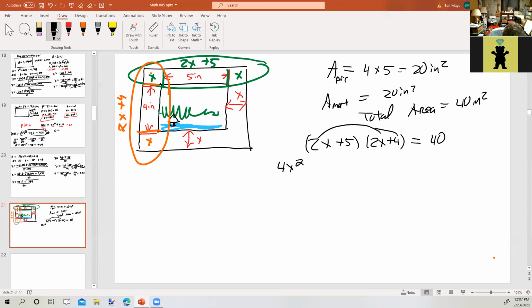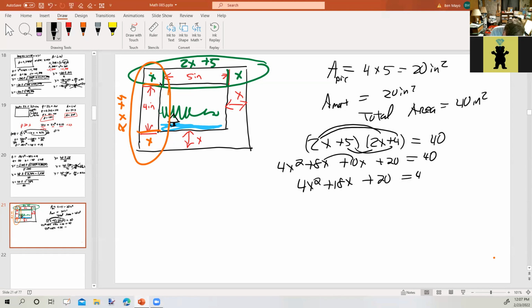4x squared plus 8x plus 10x plus 20 equals 40. Combining like terms, 4x squared plus 18x plus 20 equals 40.